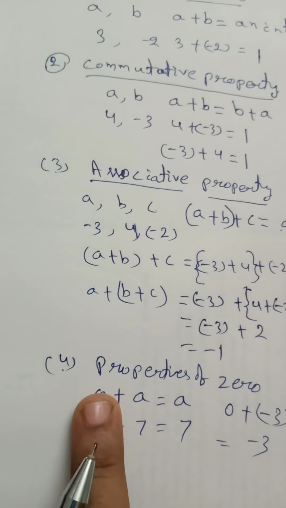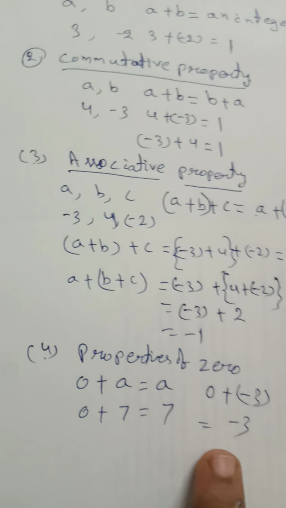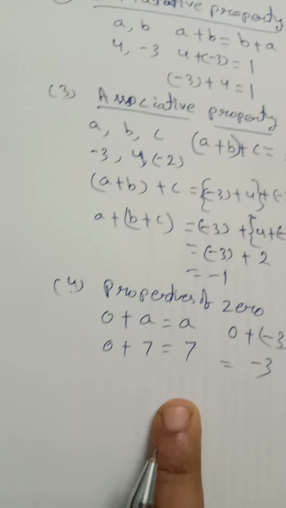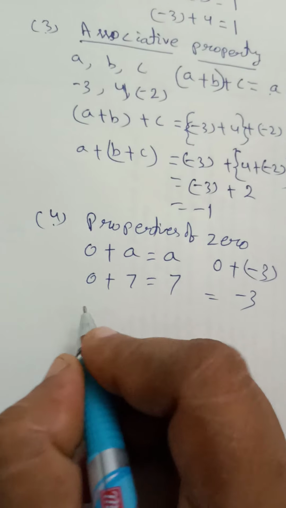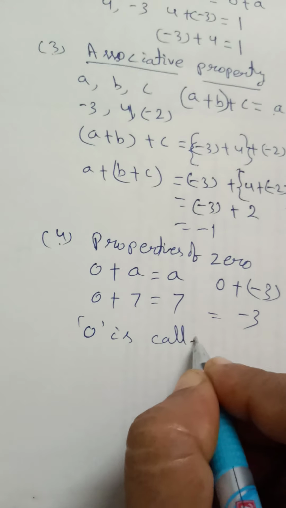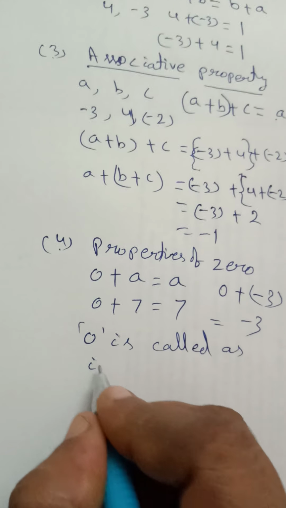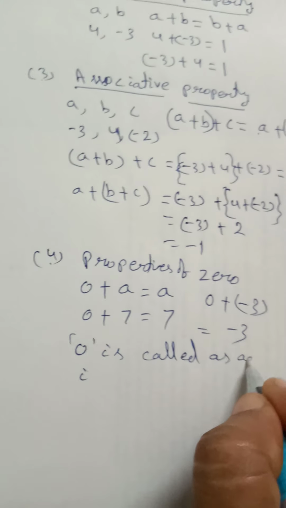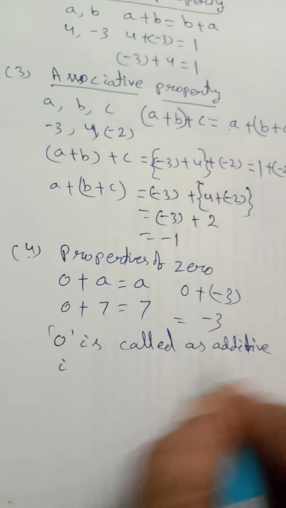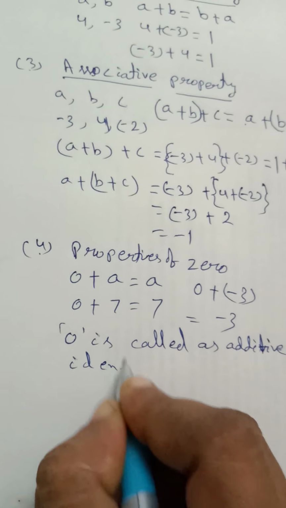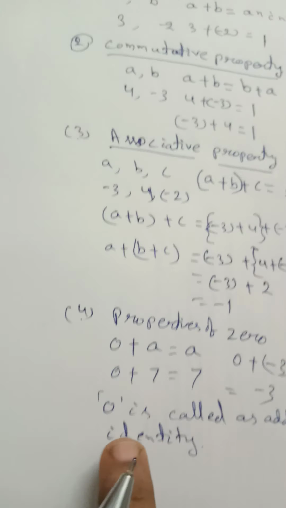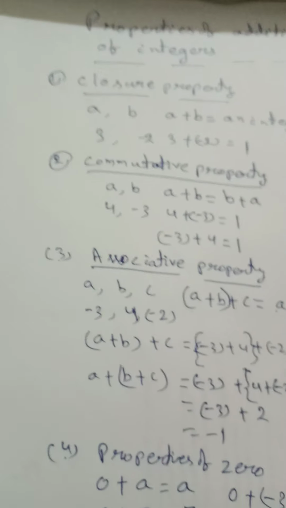In both cases, if 0 is added to any integer, the result is the same integer. That is why 0 is also called the additive identity. These are some properties of addition.